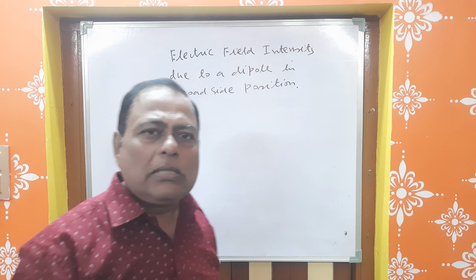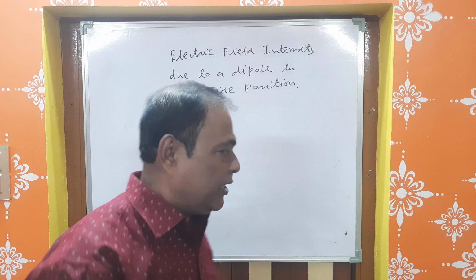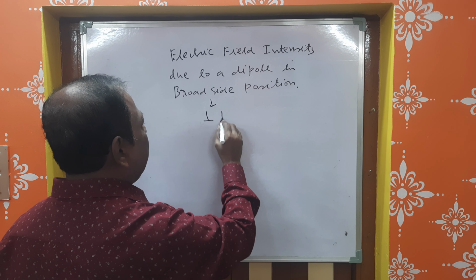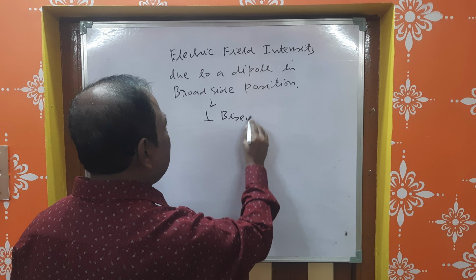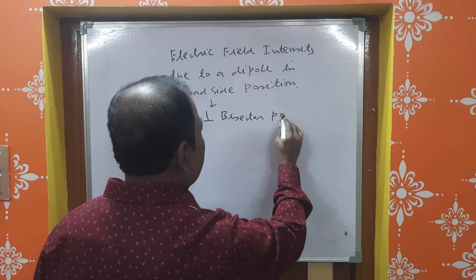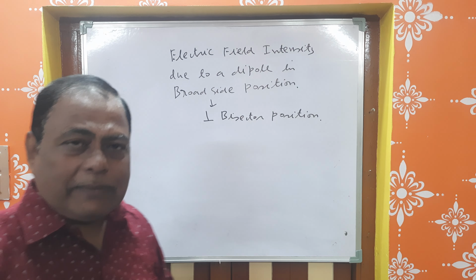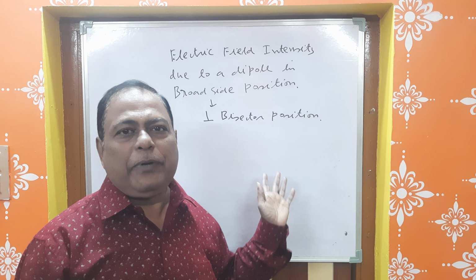Broadside position means perpendicular bisector position. Already you know the meaning of dipole. I have discussed it in my previous lecture.